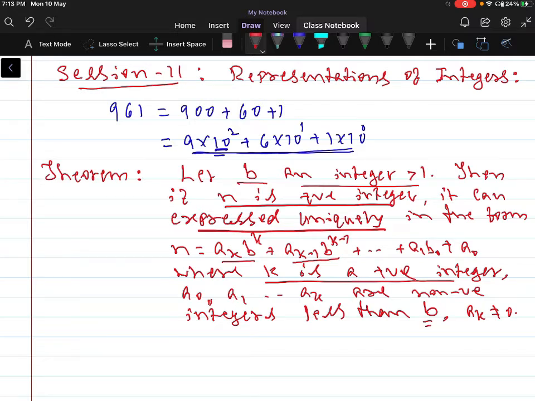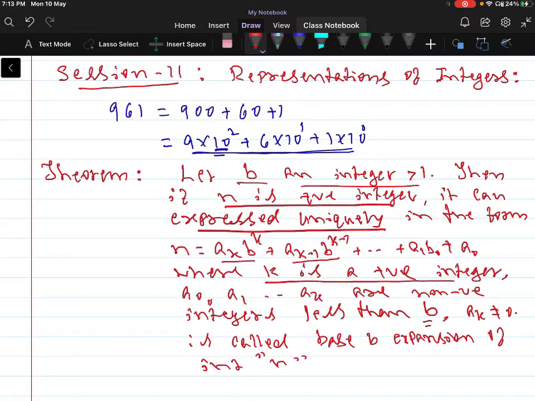So this is called the base b expansion of integer n.